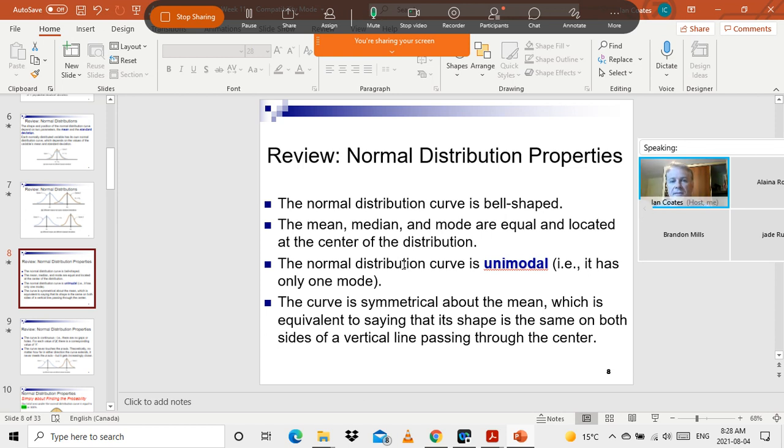There was a bimodal question on the test, I think it was 127 and 144. Any issues with that, let me know. The curve is symmetrical about the mean, so there's no skewness. It's the same on either side, which is equivalent to saying the shape is the same on both sides.